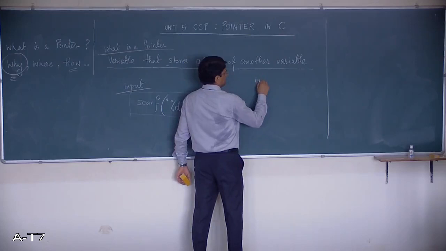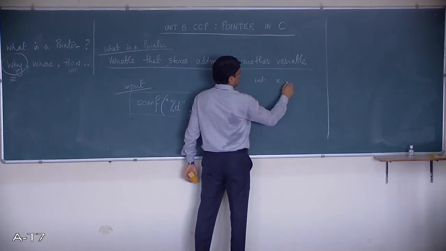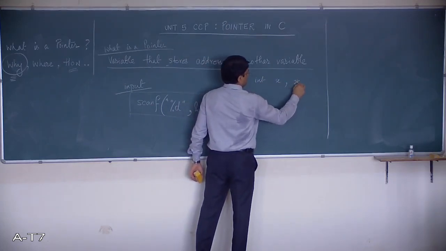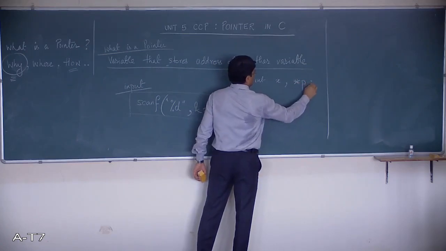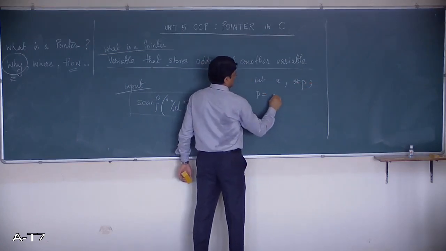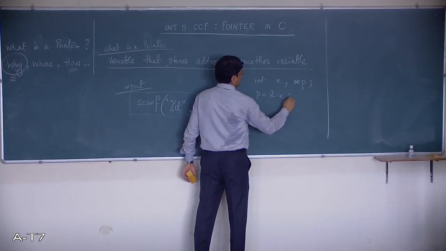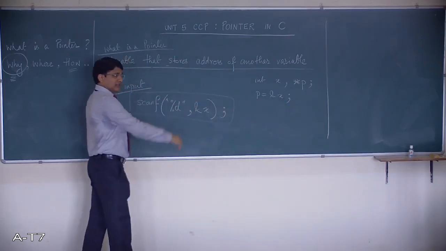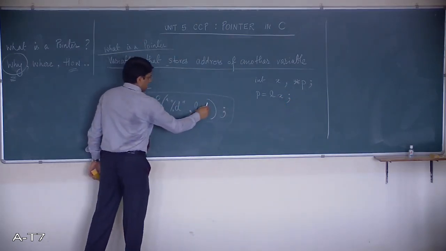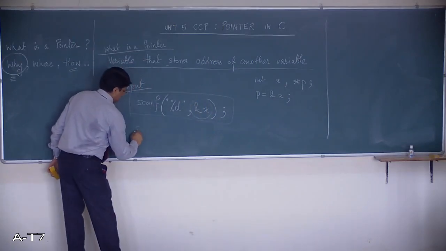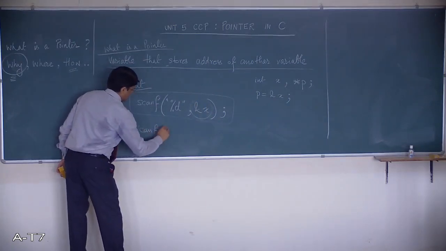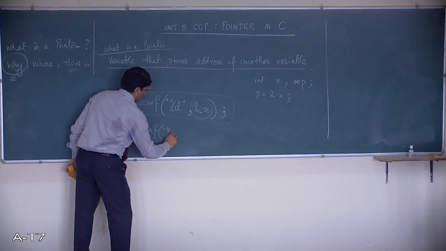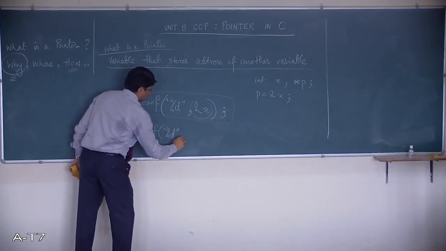And in case you have already done this, int X, and also you have declared a pointer variable P, and then you said P stores the address of X, then this can be replaced by a statement scanf %d.